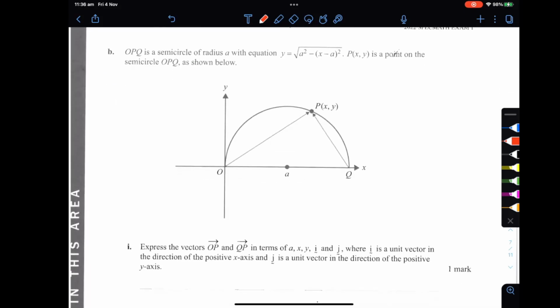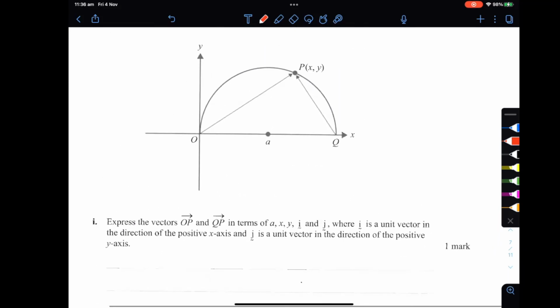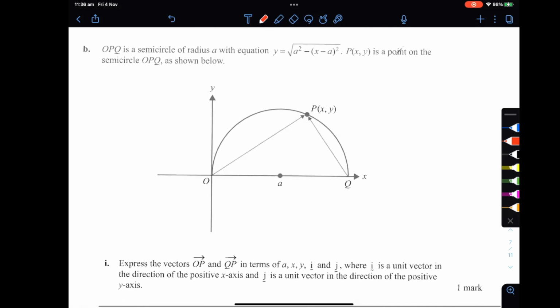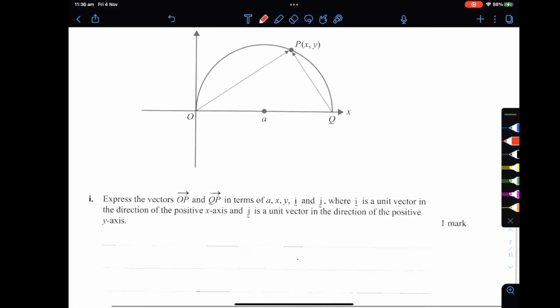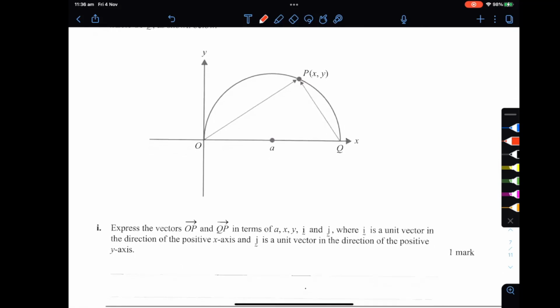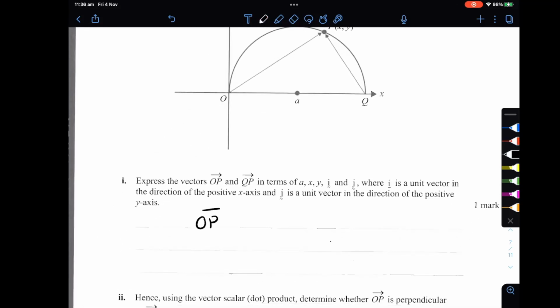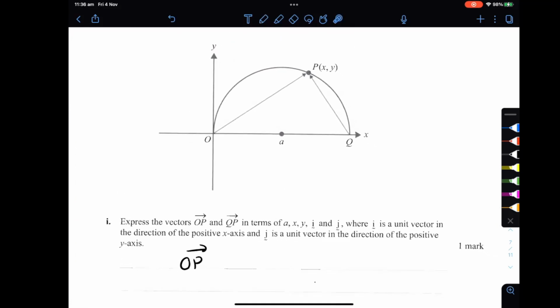Okay, we have a semicircle. Express the vectors OP and QP in terms of a, x, y, i, j. Alright, so OP here is clearly going to be xi plus yj, fairly straightforward.